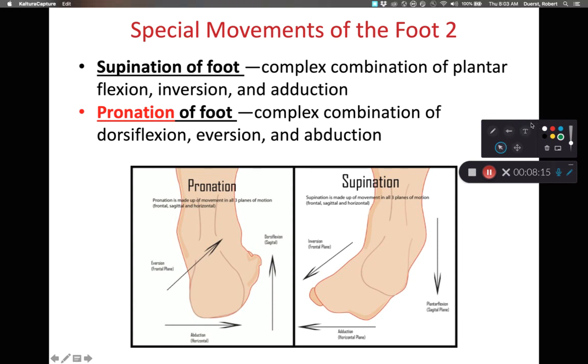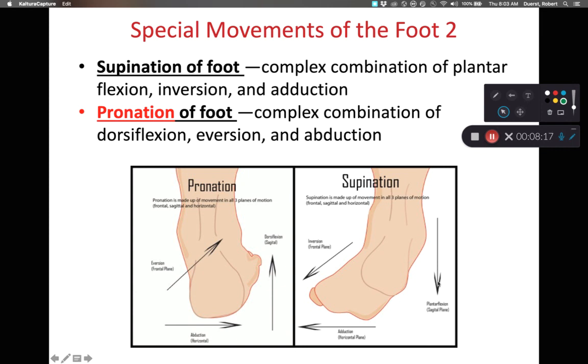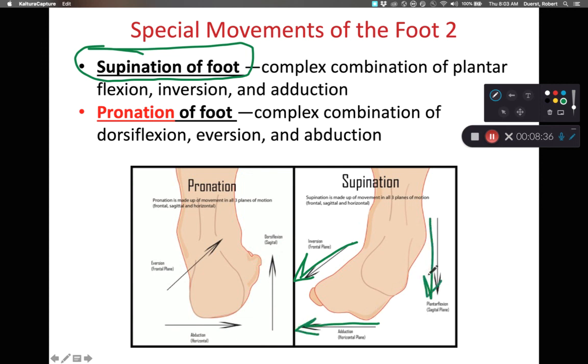And then you can also buy running shoes, or inserts for your shoes, based on whether or not you're a supinator versus a pronator when you run. So as we look at supination of the foot, this is a multi-movement term. To supinate the foot, we're going to invert, adduct, and plantar flex.